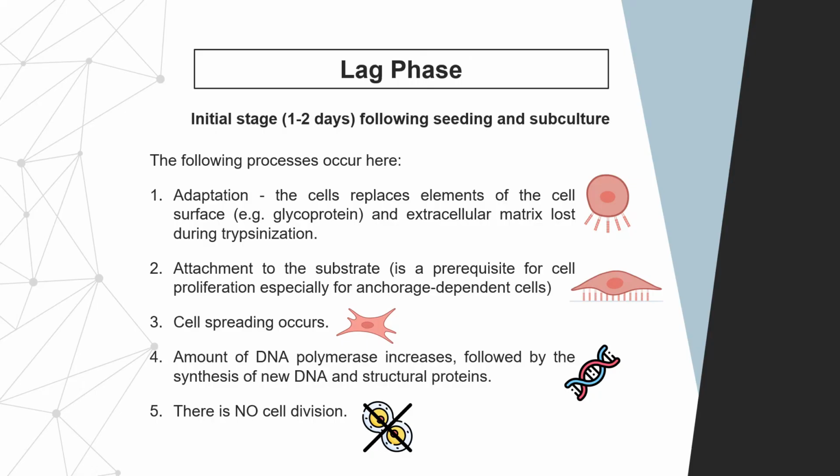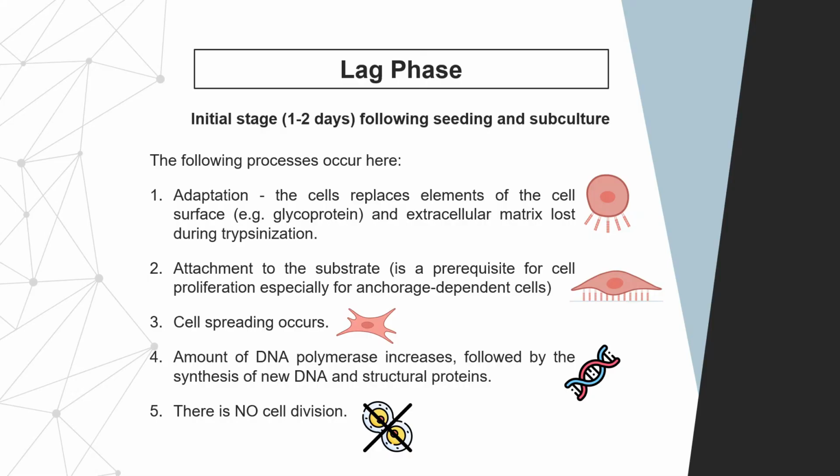The lag phase is usually the initial stage, around 1 or 2 days following seeding and subculture. There are some key processes that happen during lag phase. Number 1 is adaptation. The cells will replace the elements of their cell surface, such as their glycoproteins and also the extracellular matrix that were initially lost during trypsinization.